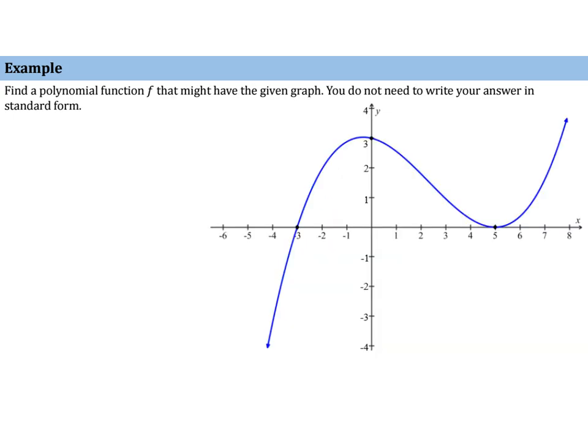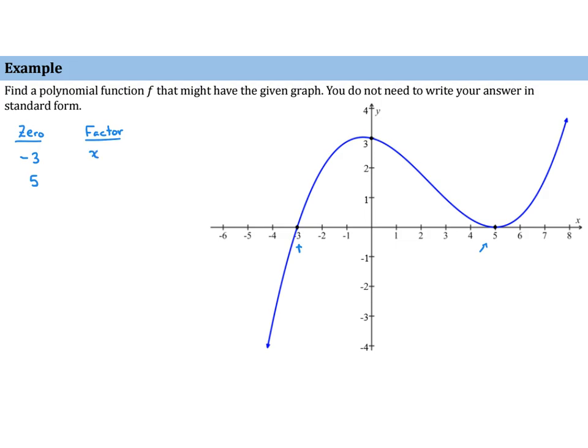Now, we can do something very similar here. We have an x-intercept of negative 3, and we have an x-intercept of 5. So those correspond to zeros. And each zero will have a corresponding factor. So an x-intercept of negative 3 means that we have a 0 of negative 3. 5 is a 0 because 5 is an x-intercept.